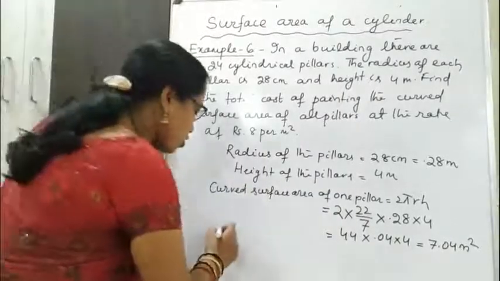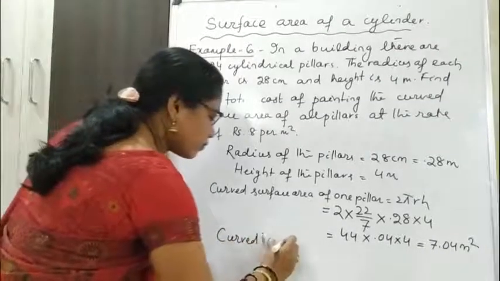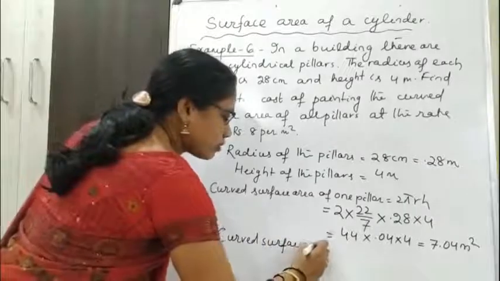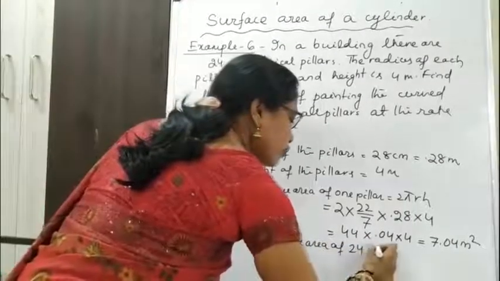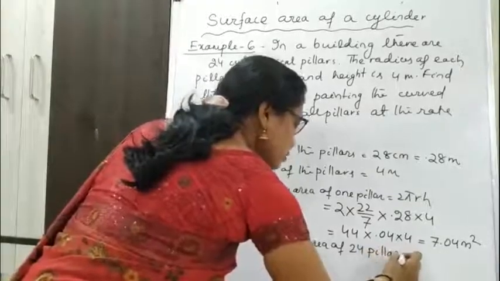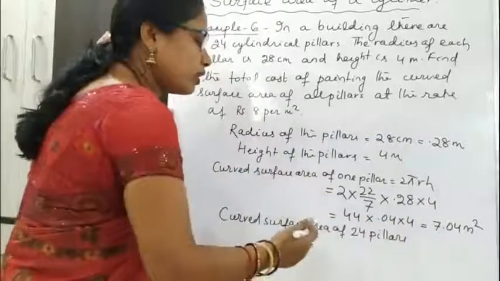So what is the curved surface area of 24 pillars? We have to multiply 24 by 7.04.